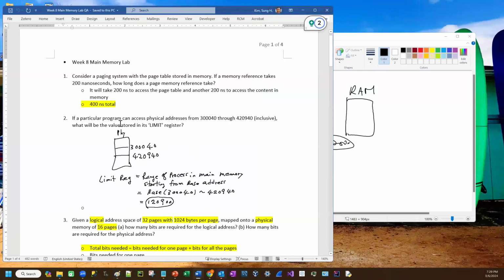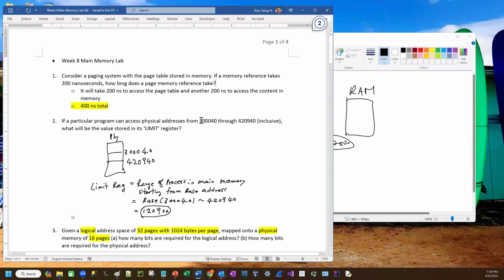If the program can access the physical addresses from 30040 through 420940, what would be the value stored in the limit register?